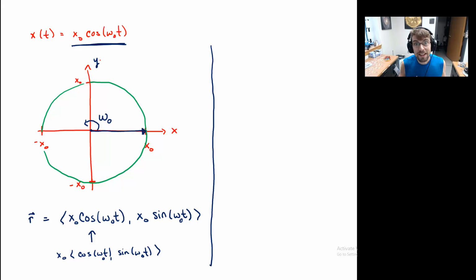It's not that it's actually moving in this direction. This is a bookkeeping maneuver. We're adding in this extra sine of omega t for conceptualization purposes, but at the end of the day, we're going to need to remove that piece.